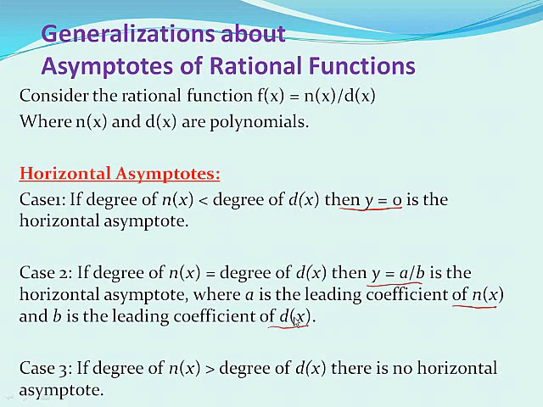If the degree of the numerator n of x is equal to the degree of the denominator d of x, then y is equal to a divided by b is the horizontal asymptote, where a is the leading coefficient of the numerator and b is the leading coefficient of the denominator. Case 3. If the degree of the numerator is greater than the degree of the denominator, there is no horizontal asymptote.